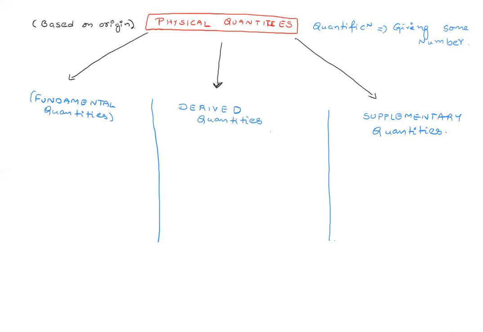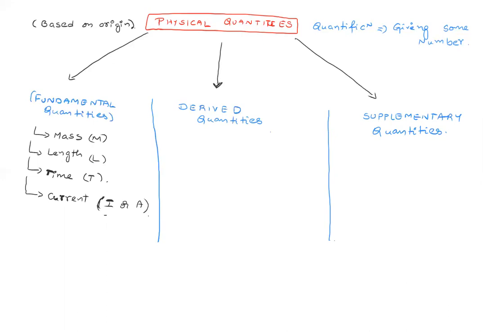Now in fundamental quantities, your basic properties are, first one is mass, second one is length. Mass is represented by M, length by L, time by T. Current is represented by I or A, mostly A is the term used.